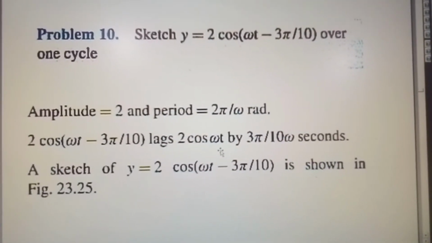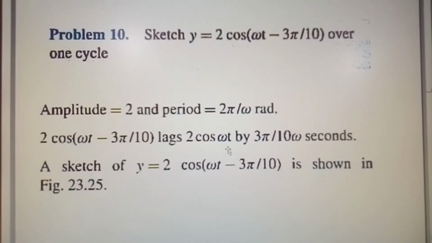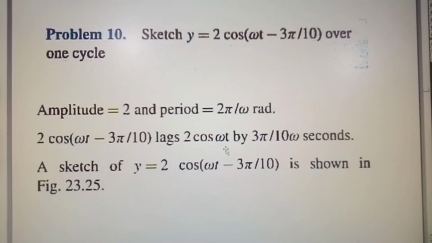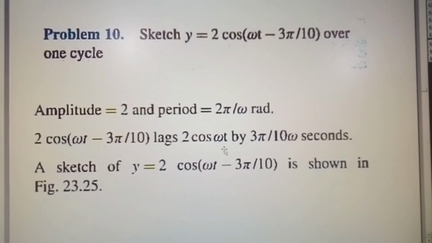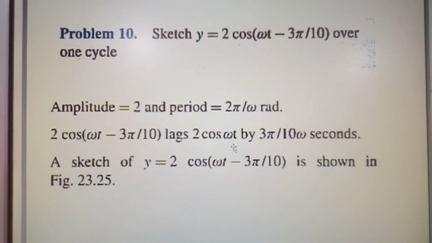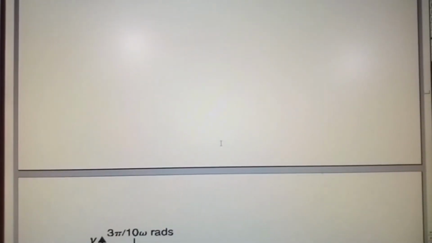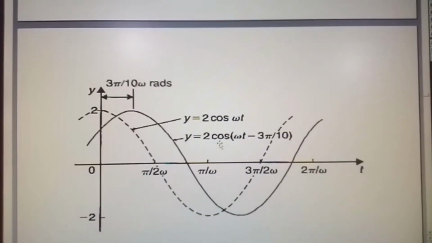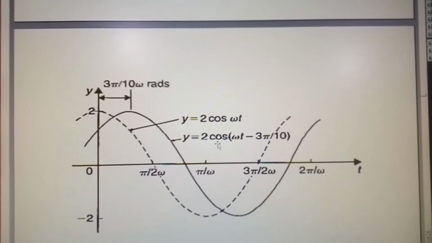And you now know what pi is in regards to degrees. And here we are, 3 pi over 10 omega rads.